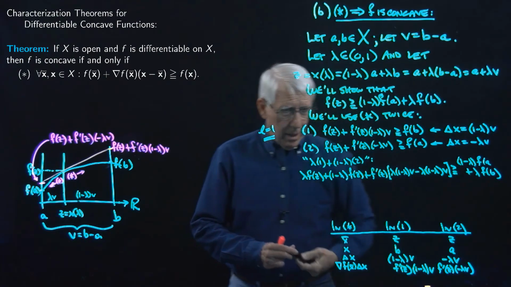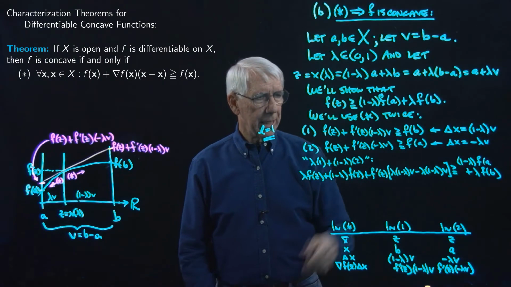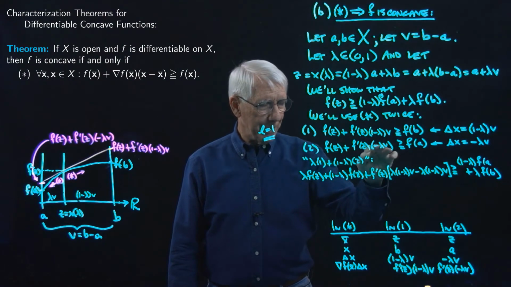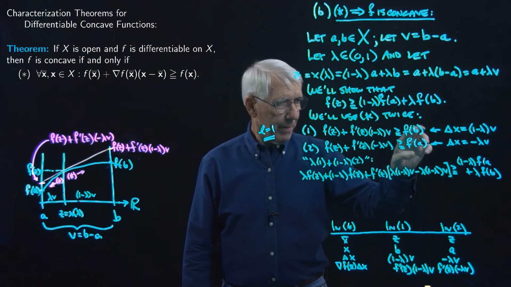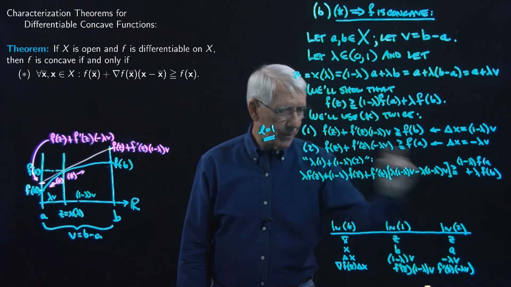Okay, so that's what I meant by this little funny expression here in quotation marks, is that I'm taking lambda times this, 1 minus lambda times this, adding them together, lambda times this, 1 minus lambda times this, adding them together, preserving the inequality. So I still have the inequality.